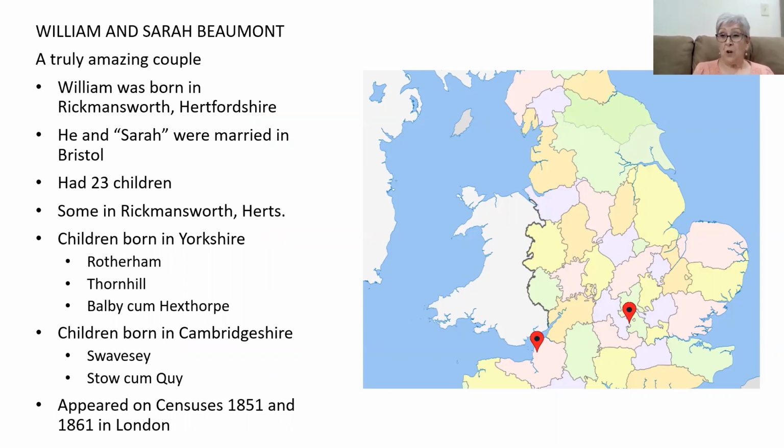Some were in Rickmansworth, Hertfordshire, where William was born. Some were in Yorkshire, Rotherham, Thornhill, and Bolby-cum-Hexthorpe. And some children were born in Cambridgeshire, in Swavesey and Stoke-on-Quay. And a somewhat fictitious version of this family appeared on the 1851 and 1861 census in London.